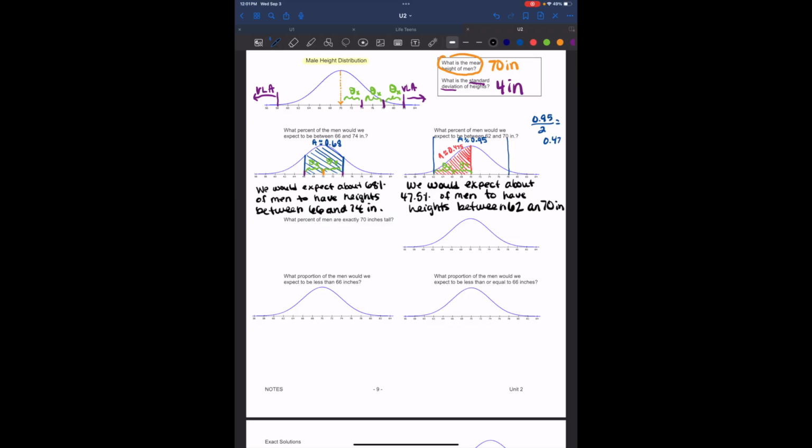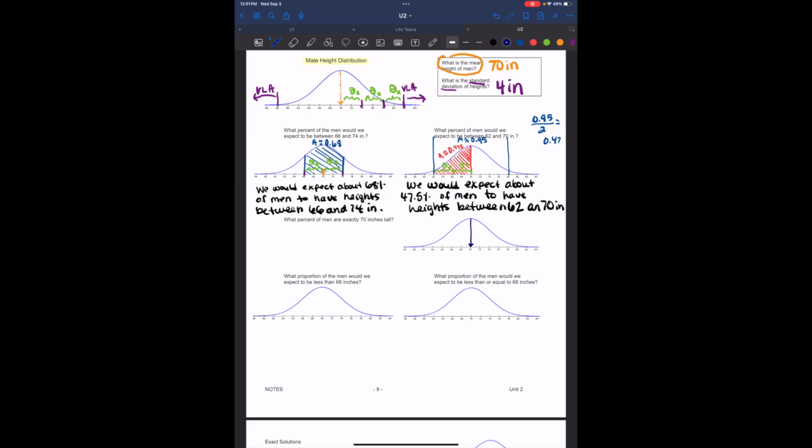It says, what percent of men are exactly 70 inches tall? So when I look at here and we look at 70 inches, the thing is we can't actually tell how many that is, because a single line has no area.